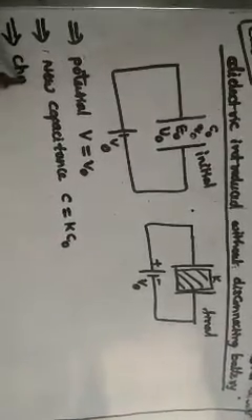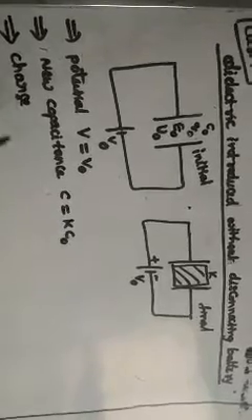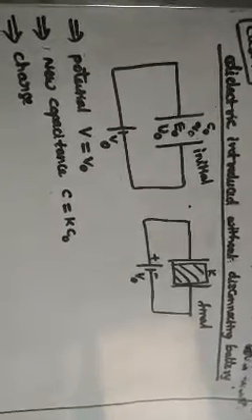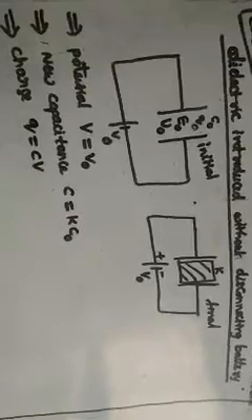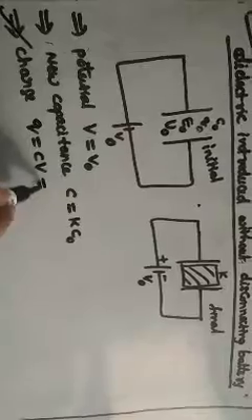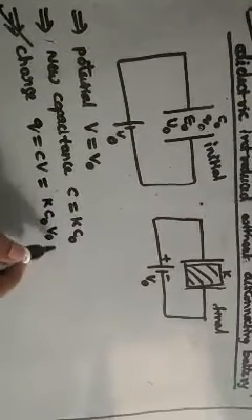Next, what happens to the charge on the plates of the capacitor? Check carefully. Q is equal to CV, the formula. I am writing the new charge: C means K C naught, V means V naught.